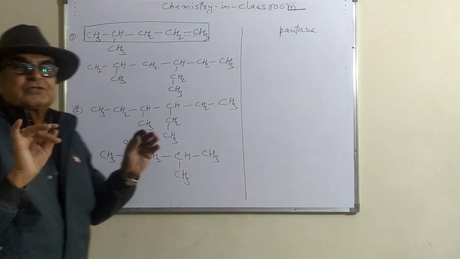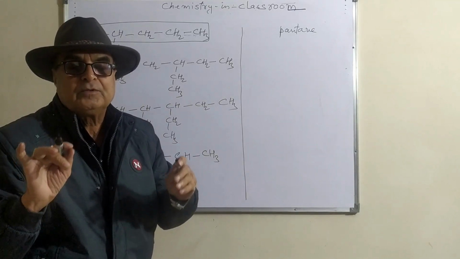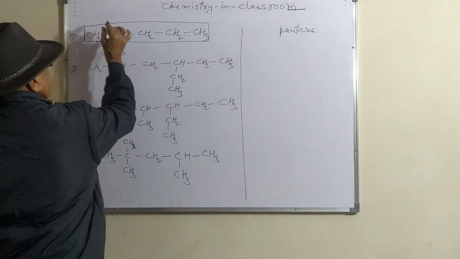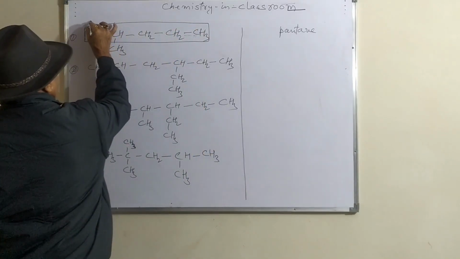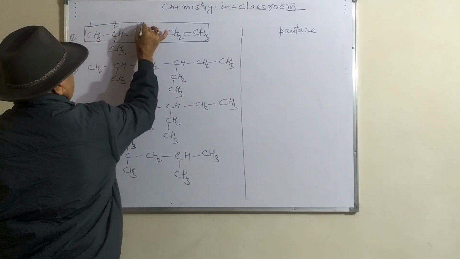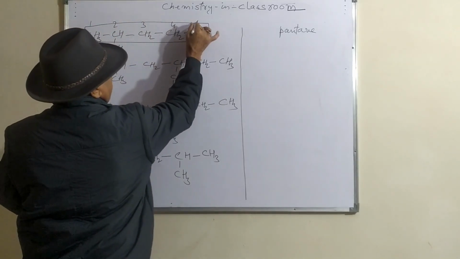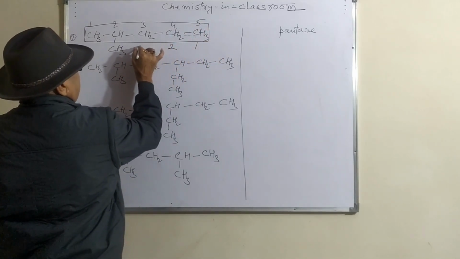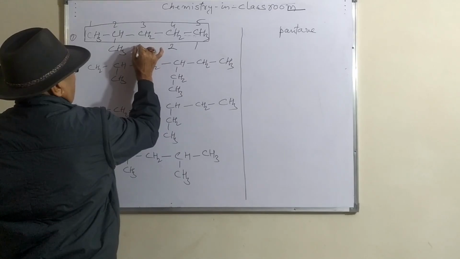So you should start numbering on this chain. You can give the numbers in this way: 1, 2, 3, 4, and 5. You are free to number from either of the ends.